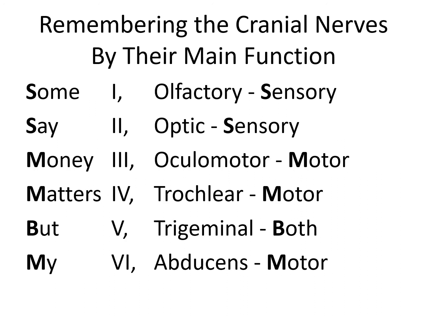Now, the cranial nerves can also be divided by their function. This time I won't advance so quickly. Here are the Roman numerals for each cranial nerve, here are the names of the cranial nerves, and here's a little mnemonic to remember them by.